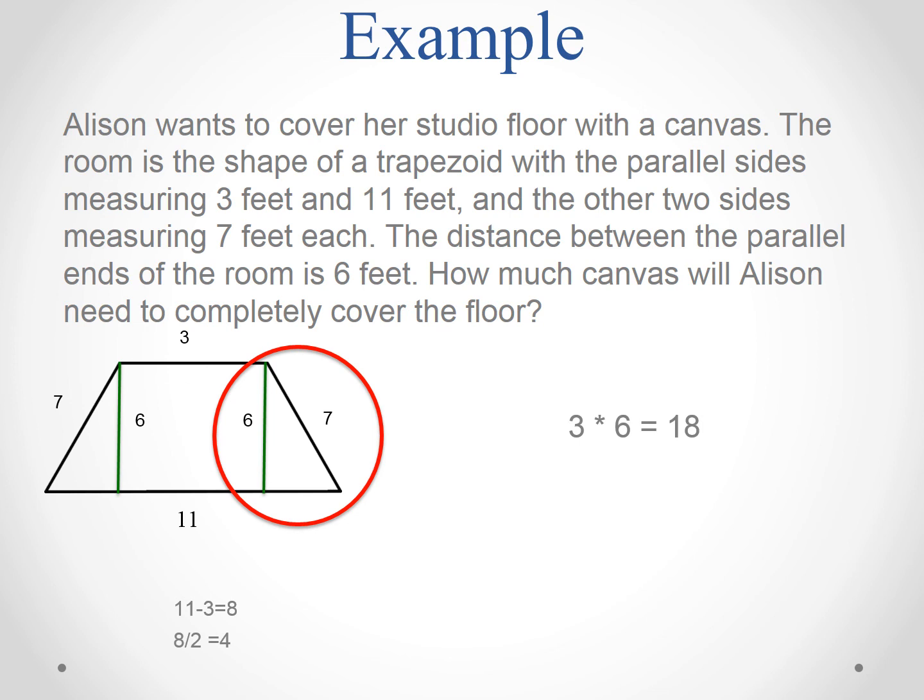But because we're only measuring this one triangle right now, we're going to do 8 divided by 2, and we get a measure of 4 for that base. Now we can look at how to fill in that formula. So we would do 6 times 4 times half, and then we would get 12. But because there are two triangles in this problem, we would do 12 times 2, and the measure would be 24. So we have an area of 18 and an area of 24, which we combine together to get a complete area of 42 feet.